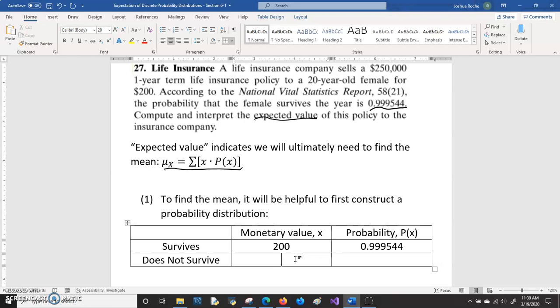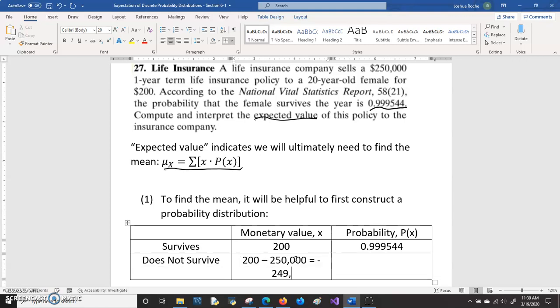So we could write it as they would still have gotten the $200, but then they give out $250,000. So that's like minus $250,000. And overall, it's going to come out to a negative. It's a loss overall. So negative $249,800.